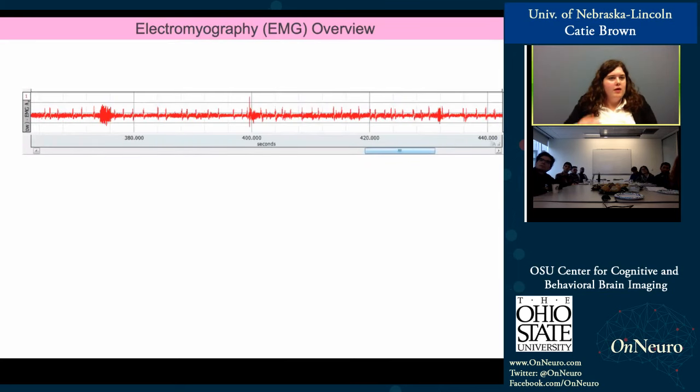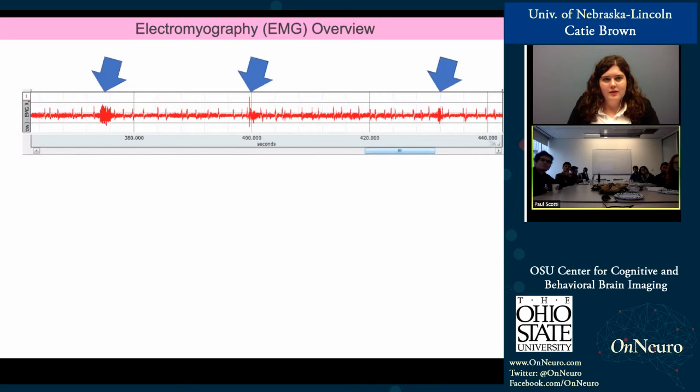So here is the raw data. This is what you would see if you're in the lab having the electrodes on the brow, data's coming in, and you do see these big blips. That's the technical term of activity. What do you think those might represent? Negative stimulus presentation?